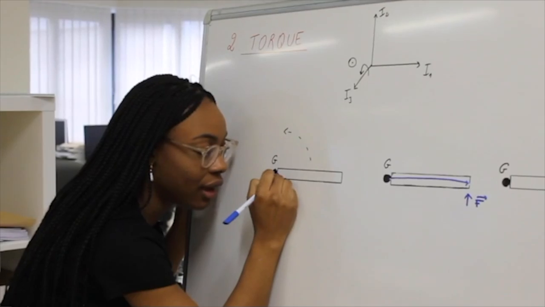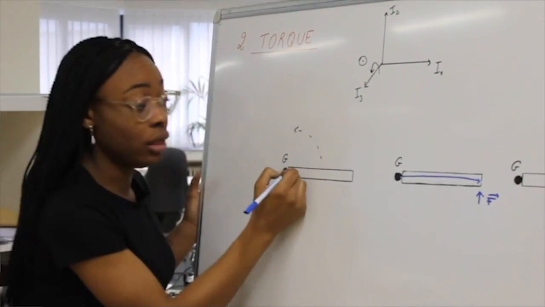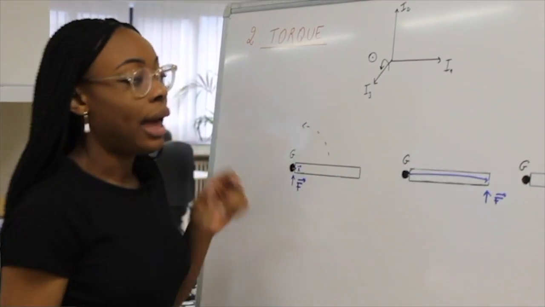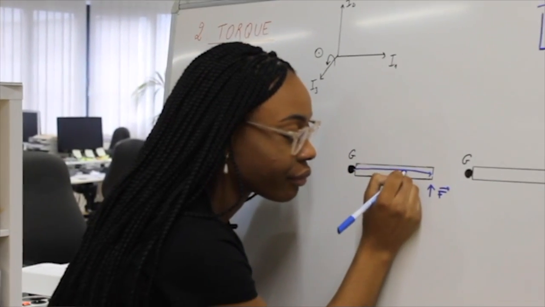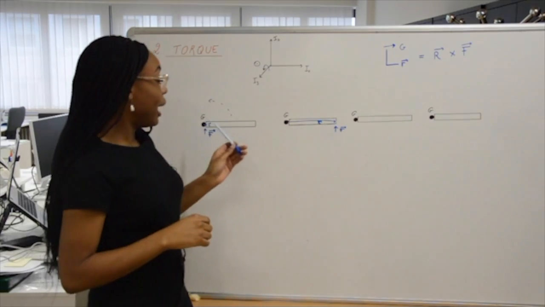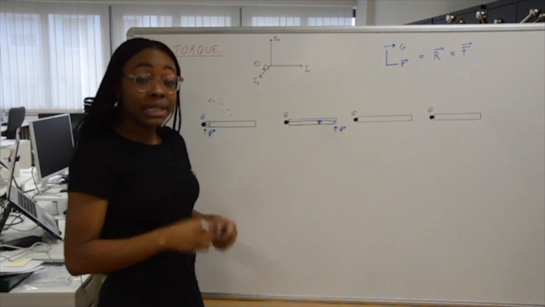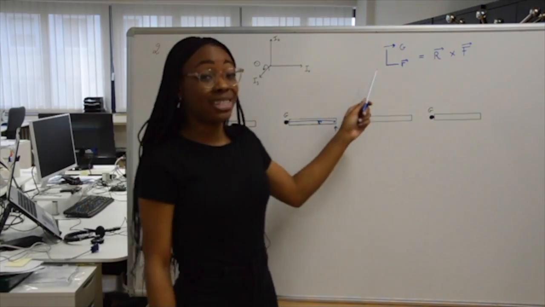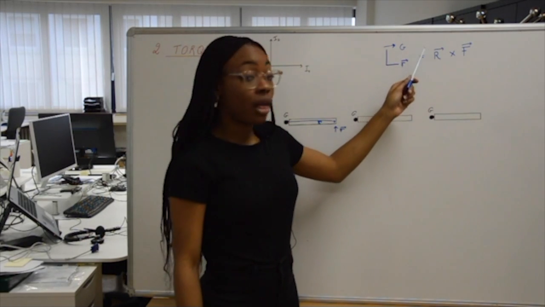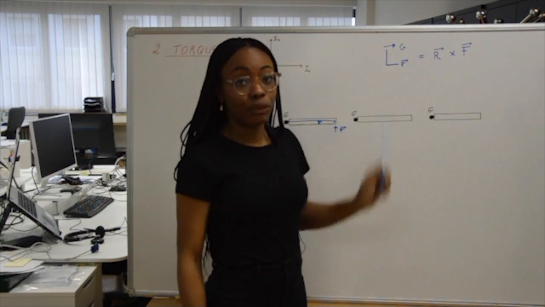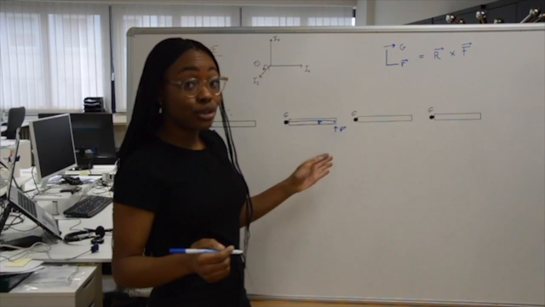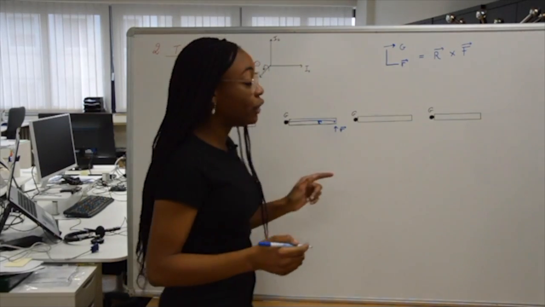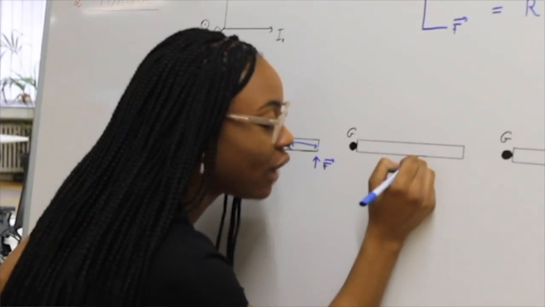So here we have the R, which is really small, and here we have a lever arm that is really large. The lever arm and the force are always perpendicular, since the torque is a vector product of the lever arm and the force. So knowing this, what would happen if we applied a force of the same magnitude, the same direction and the same orientation, but at a different point of application?